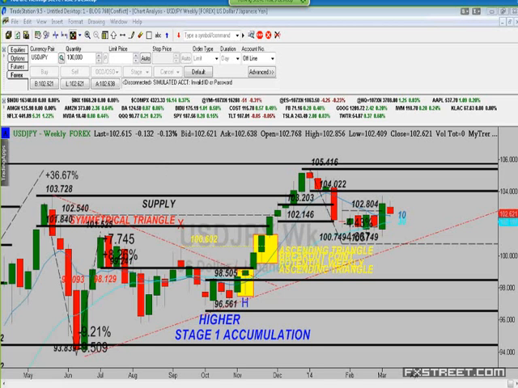All right. So, moving right along here, we had several attempts to penetrate that barrier, and this is the week of 4/17 last year. April 17th, we got very, very close to 100, and price fell.